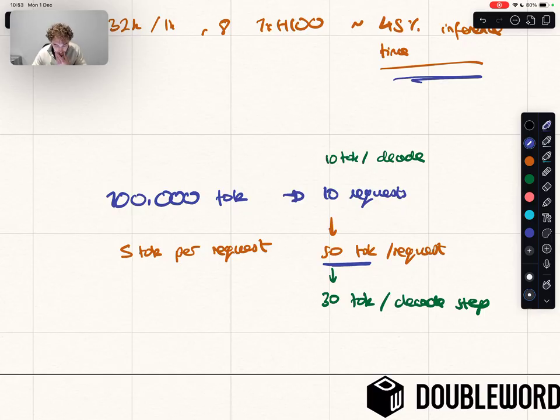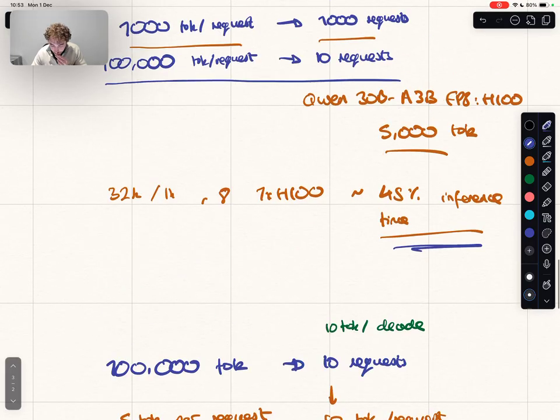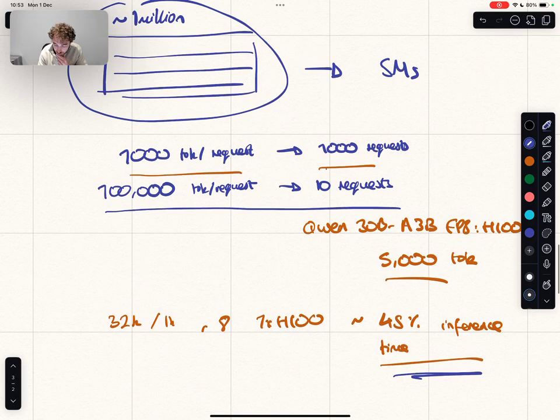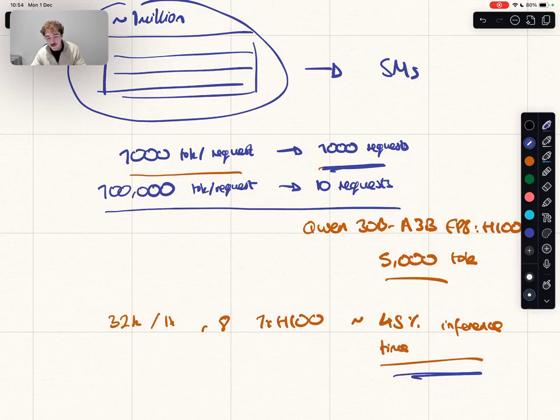And for a dense model, this tends to not be the case, just because in this small but many request regime, the dense model is going to be so strongly compute bound that speculative decoding wouldn't help you here, and you would want to turn it off.